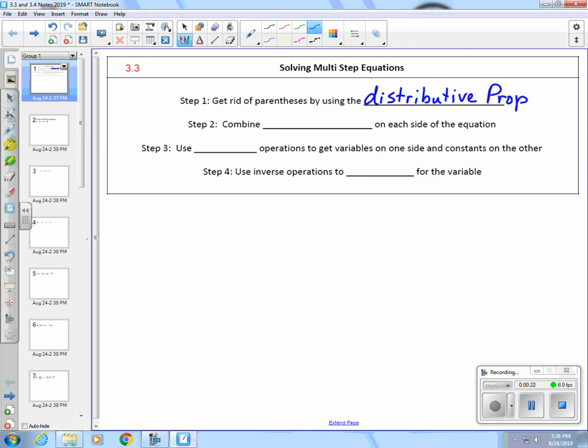You must combine like terms on each side of the equation, and you need to use the inverse operations or the opposite operations to get variables on one side and the constants on the other. And you're using those inverse operations in order to solve for the variable.